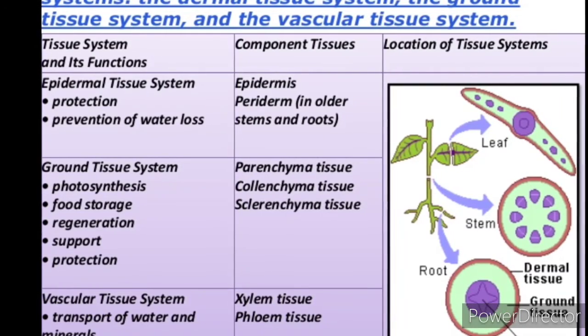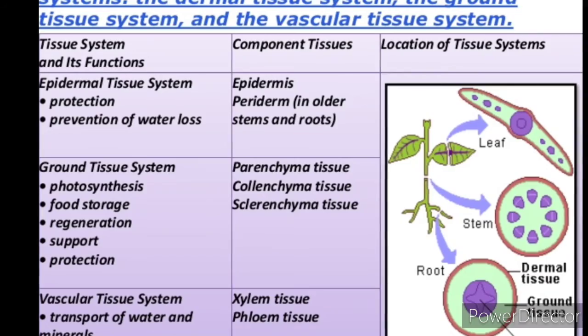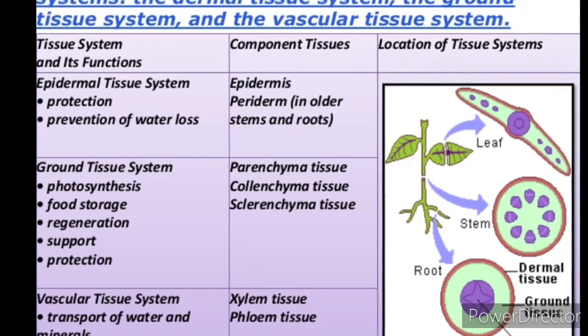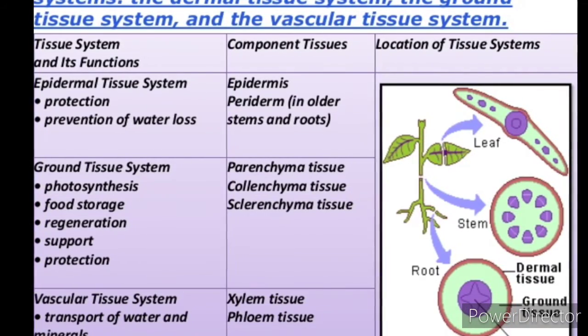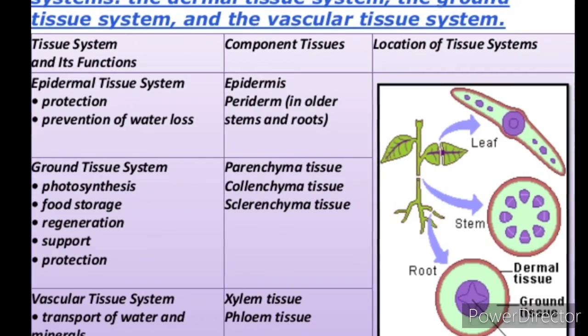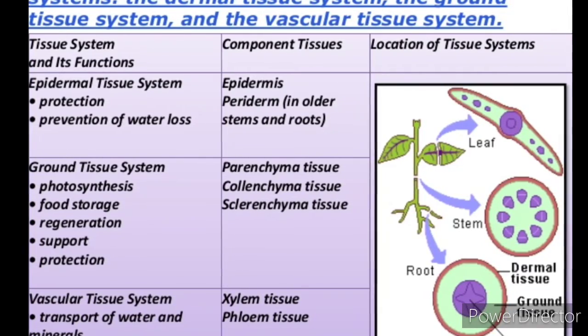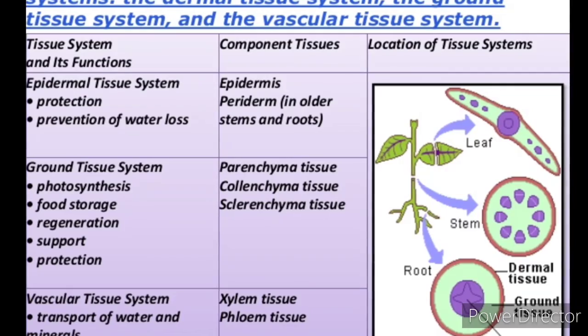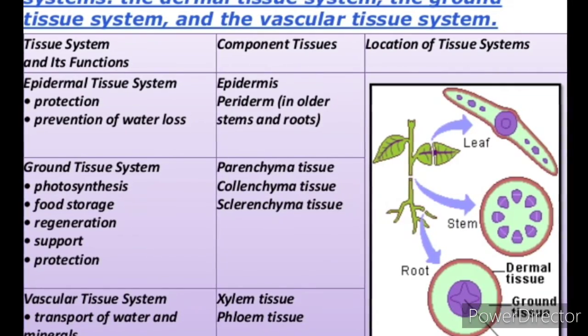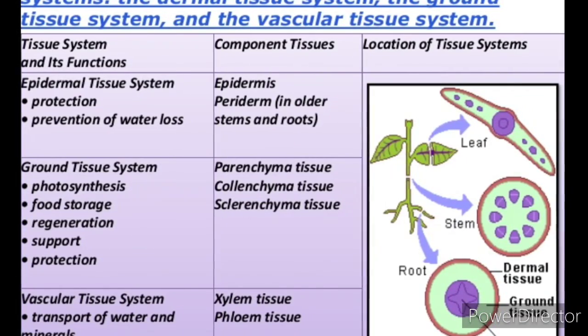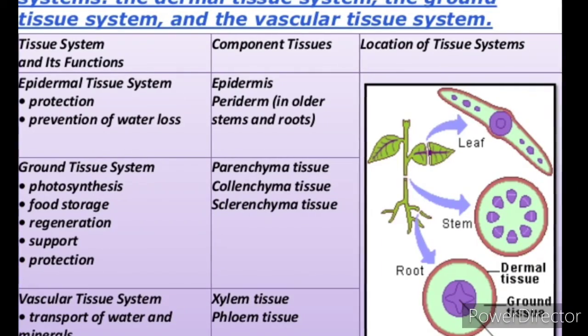Complex tissue is divided into xylem tissue and phloem tissue. They are transporting tissues. They carry food materials and water from one place to another. Collenchyma tissues will store the food materials.